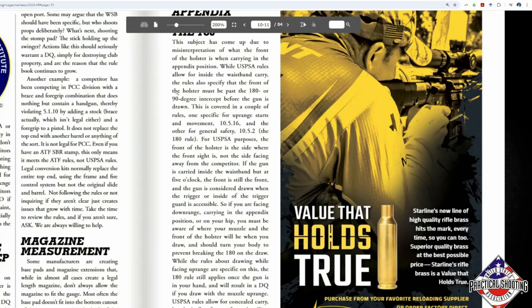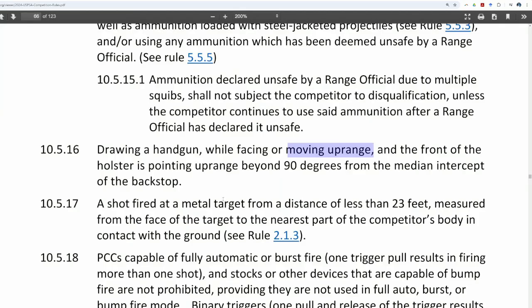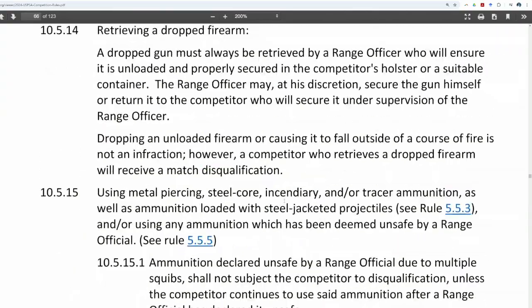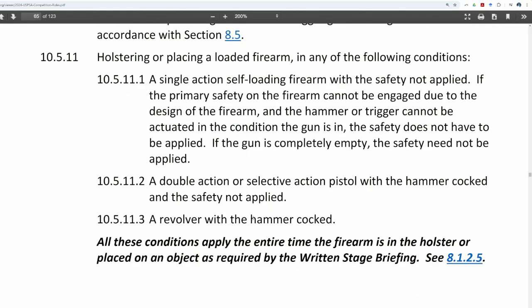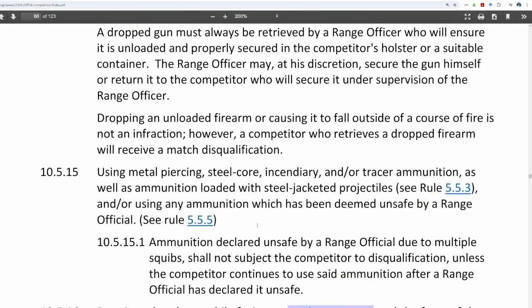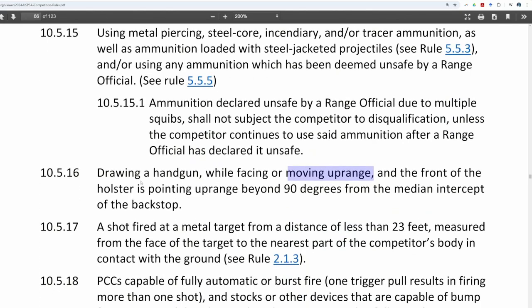Because like we've said, 10.5.2 and 10.5.6 only talk about the muzzle, and have nothing to do with the front of the holster, the direction of the holster, or your hips, other than facing downrange. And 10.5.16 requires you to be facing uprange or moving uprange while drawing the holster. And facing uprange is defined as facing directly uprange.